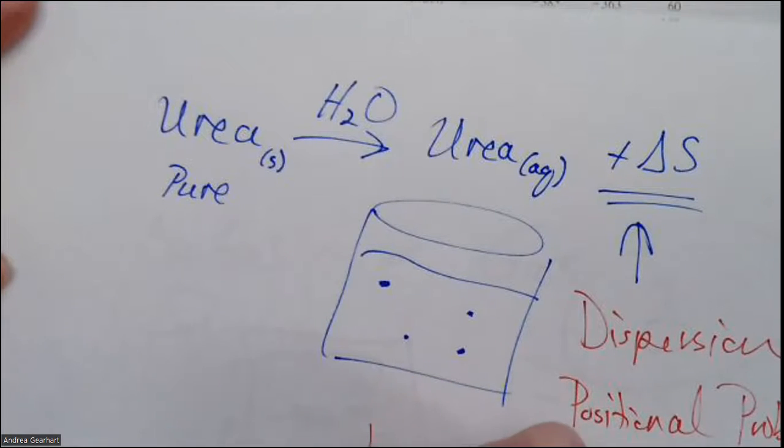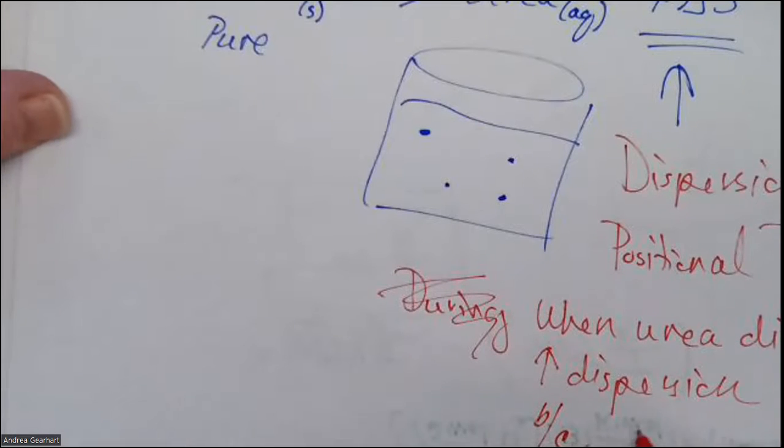So during the solvation process, or when urea dissolves, it increases dispersion because, starting with pure urea, transitioning to solvated, mobile solute, sorry.